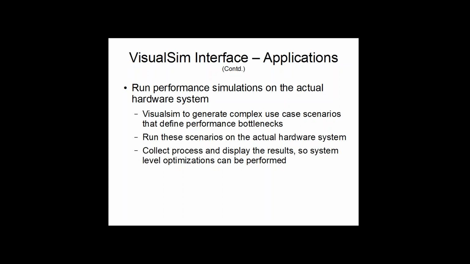You can run performance simulations on the actual hardware system, where you generate complex scenarios, send them to the hardware, and collect back information. You're going to know where the bottlenecks are in the FPGA system itself, so you can optimize for these performance bottlenecks on the hardware before you actually build a chip.